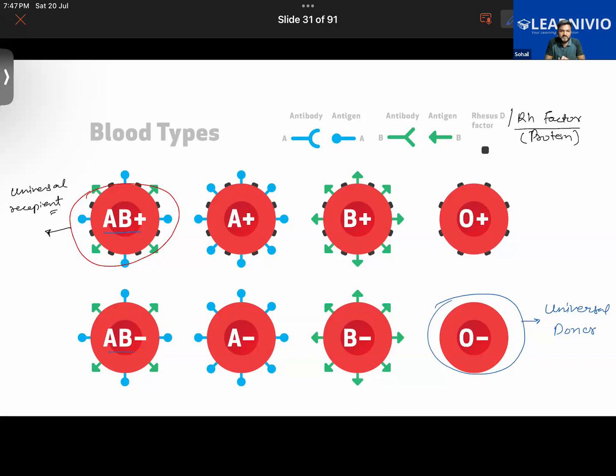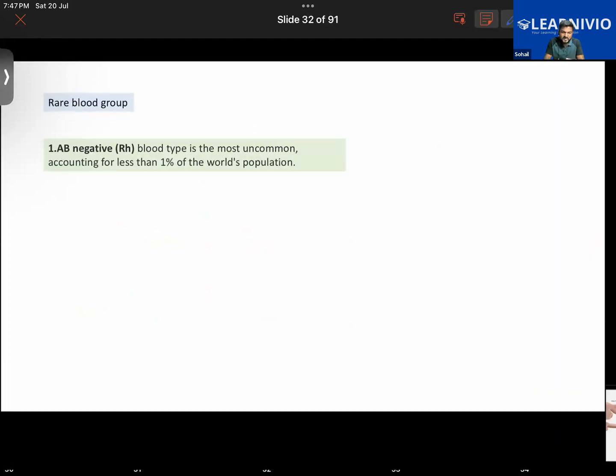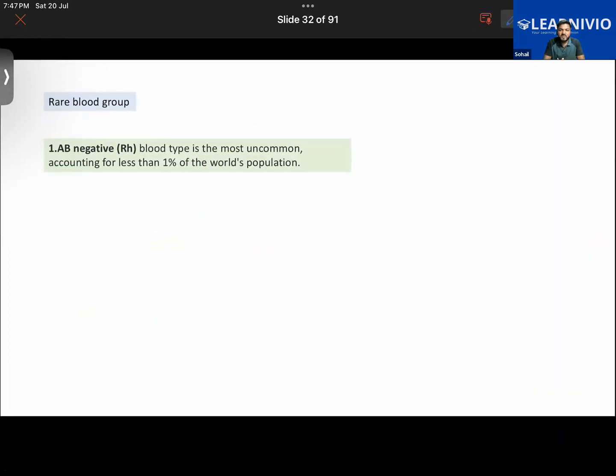In the whole world, less than 1% of the people have AB negative blood group, so it is the rarest of all the blood types. Is that much clear so far?